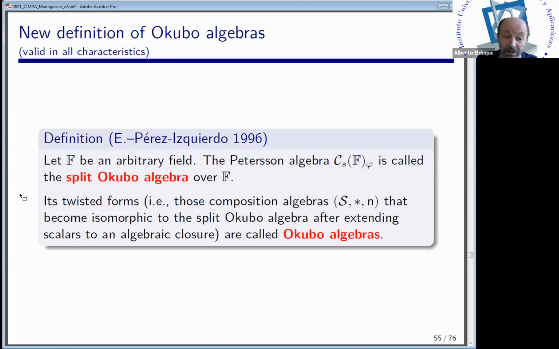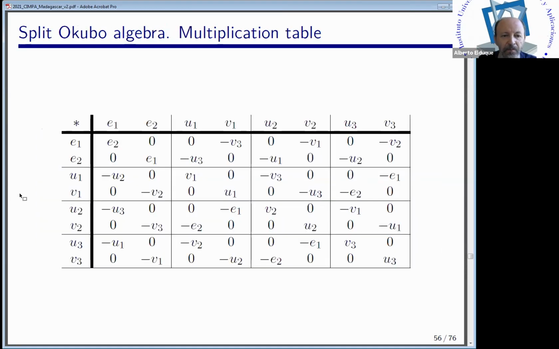Because any of the algebras that we obtain over fields of characteristic different from 3, both in case that omega belongs to F or in case omega doesn't belong to F, after extending scalars, become isomorphic to the split Okubo algebra. Okay. So this is the new definition.